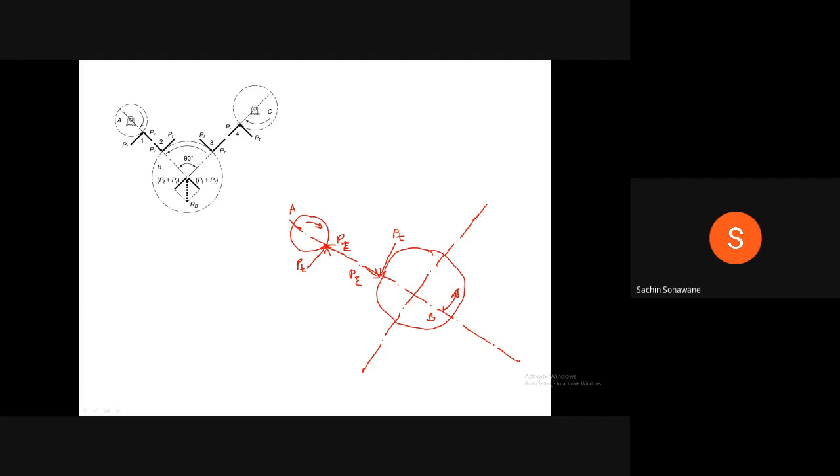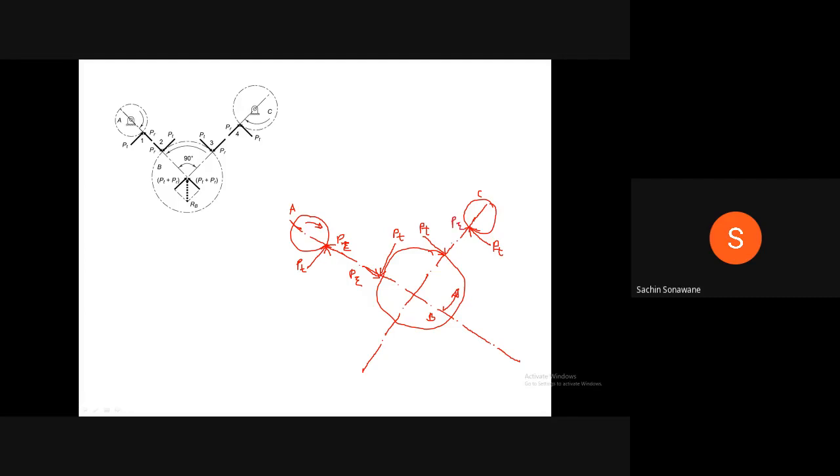Now I will draw gear C here. Suppose this is gear C. Since gear B drives gear C, the tangential component on gear C will be in this direction, and the tangential component on gear B is opposite to that of gear C. This is the tangential component of gear B, and this is the radial force.